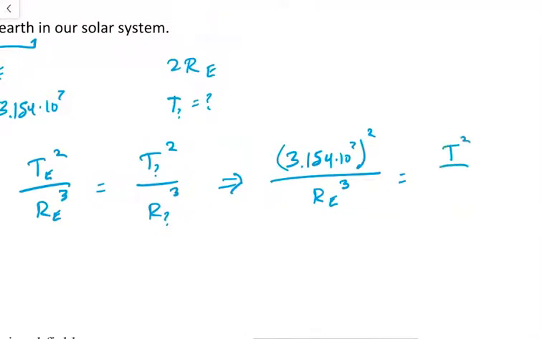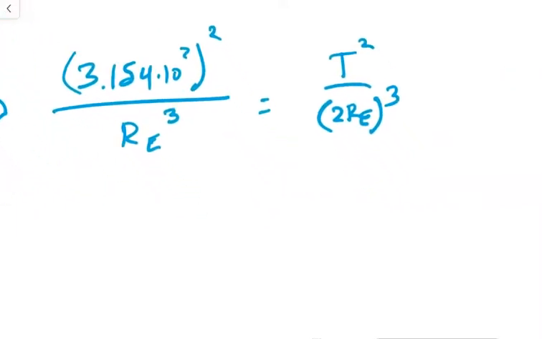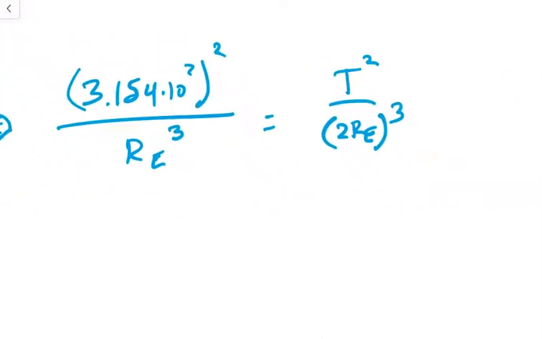I'm just going to call it T because we're getting rid of these subscripts. And we have 2RE, which is now cubed. What's nice is I see RE cubed on both sides. I can cancel that, and I can solve for my time period.